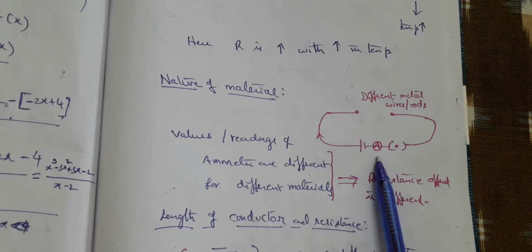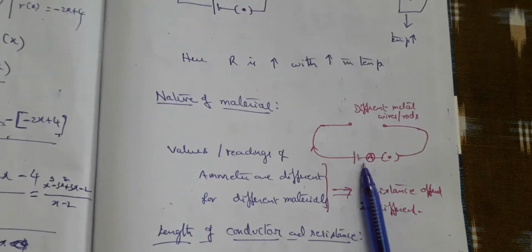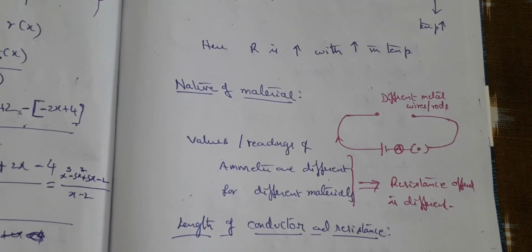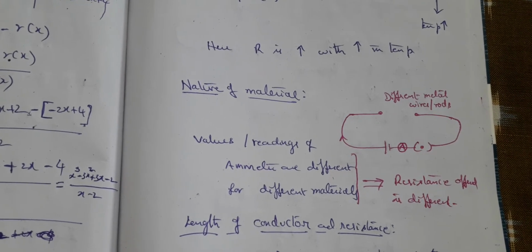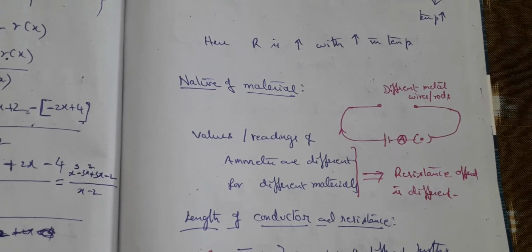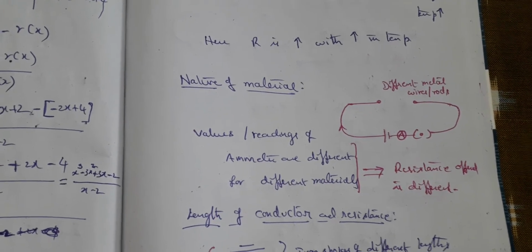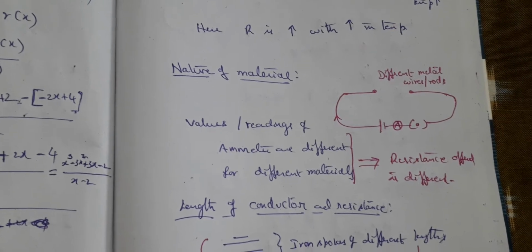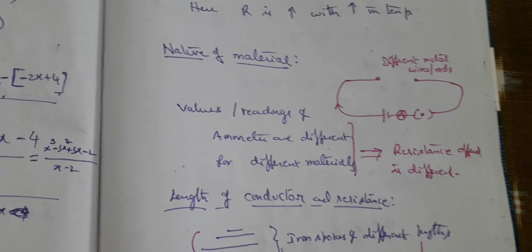And now here, what extra thing you are using is an ammeter. Now you know that as the current is flowing more, the resistance offered is less, yes or no? Because resistance is the one which obstructs the current. If the current is high, obstruction is less, that means resistance is less. So here we are going to take ammeter readings.